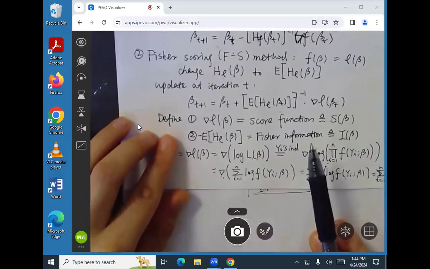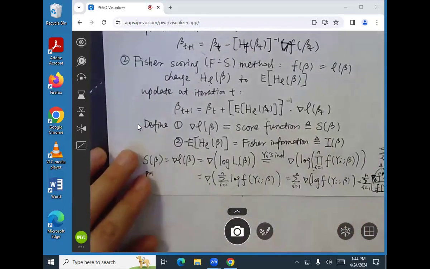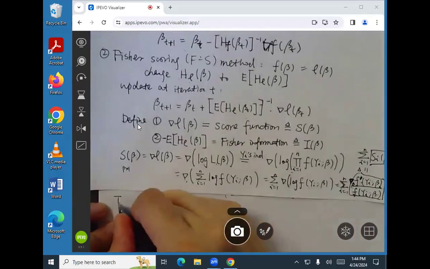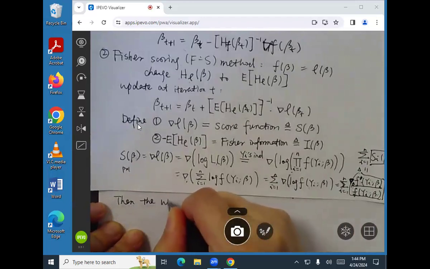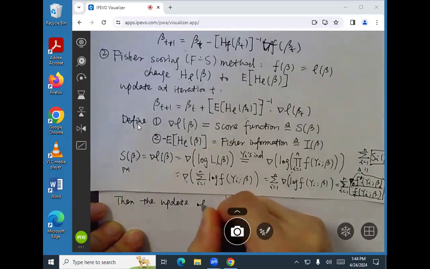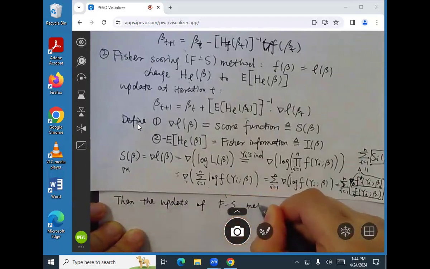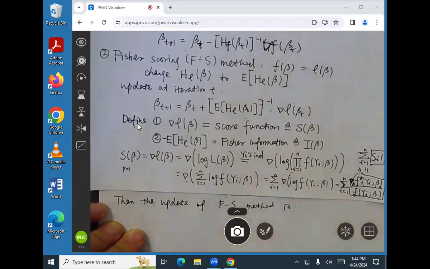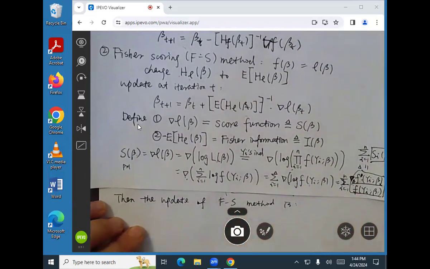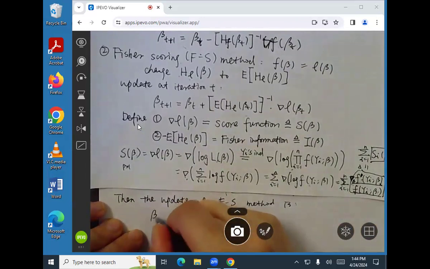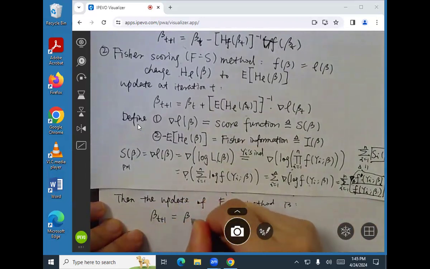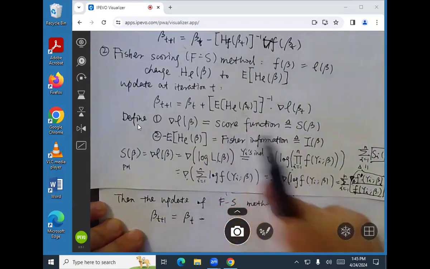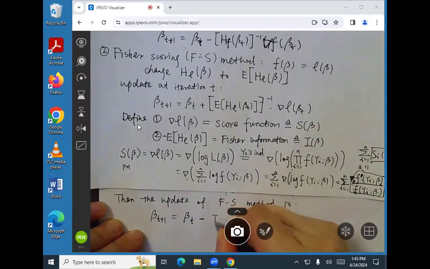Then if we want to use what we just calculated, the update of the Fisher scoring method is, we just change our notation, nothing special. It will become beta t+1 equal to beta t minus, because here we have plus, now we're going to use the Fisher information at beta t, inverse.